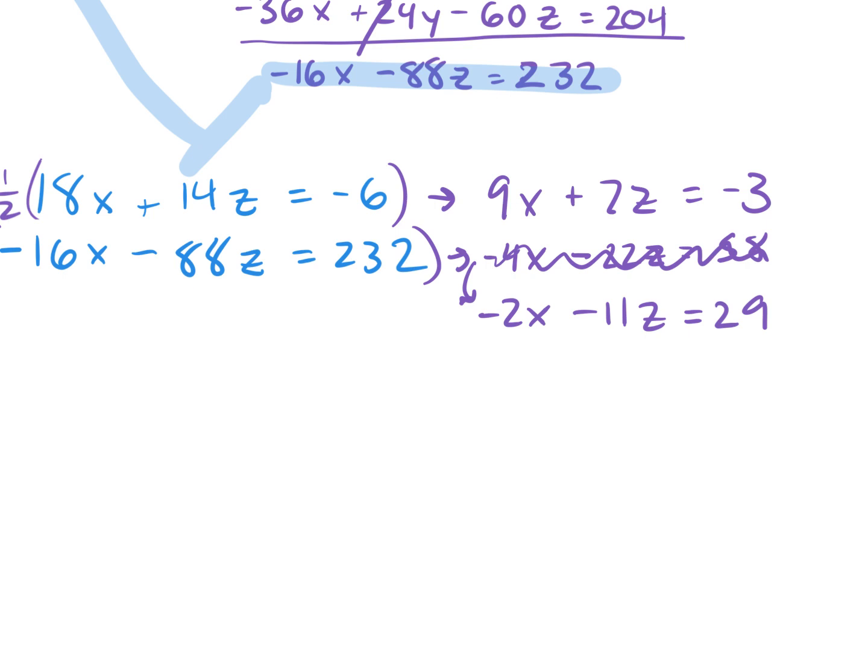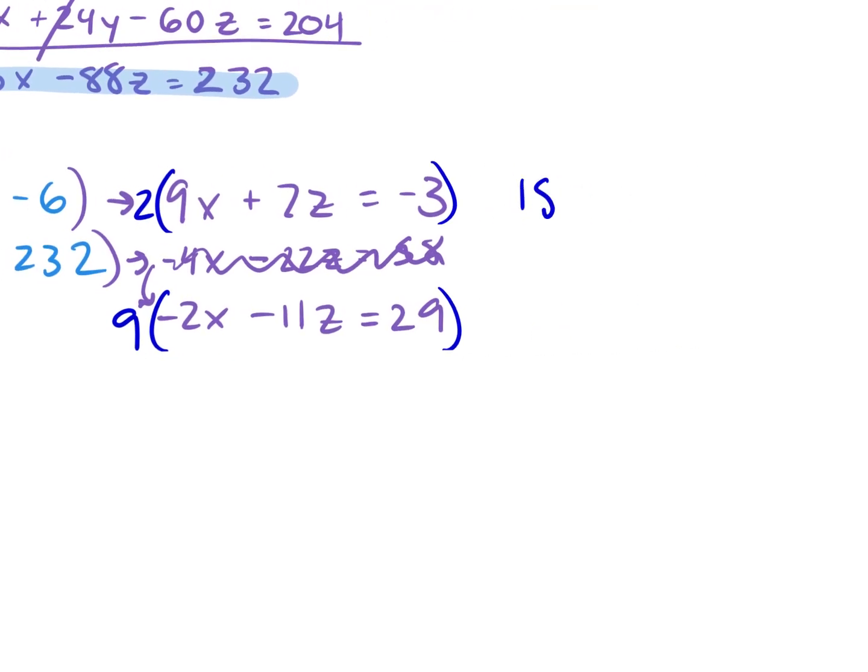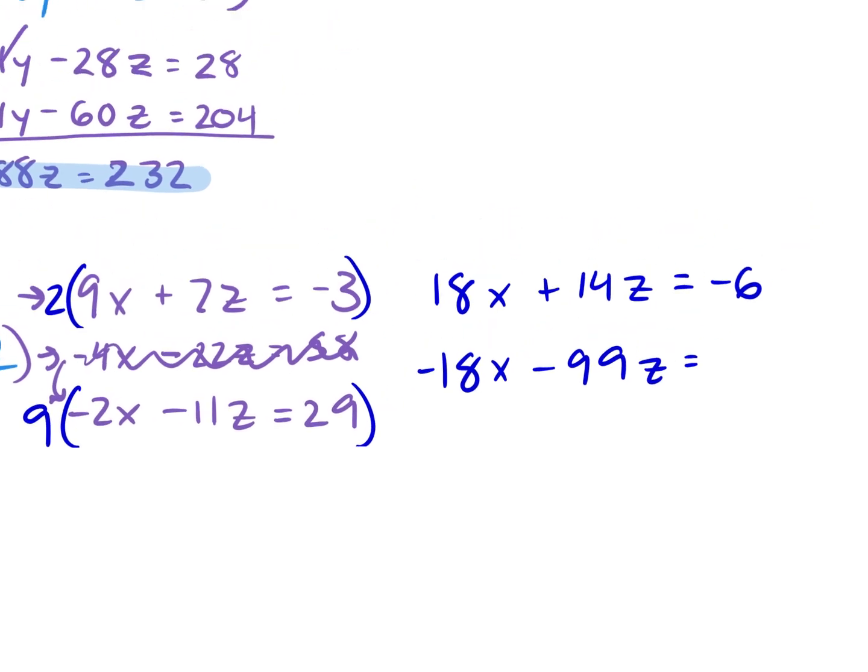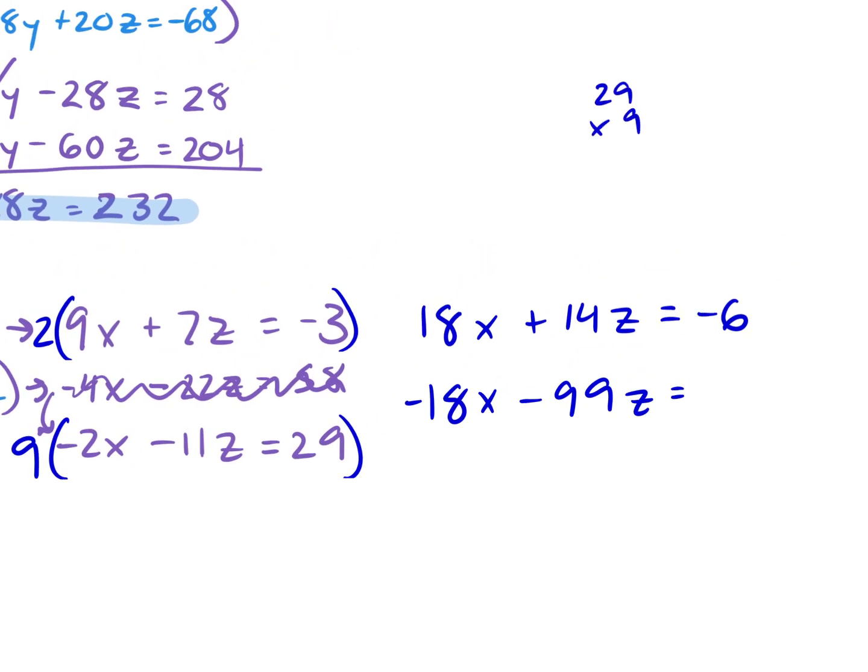Let's eliminate the x. What do I need to multiply in order to eliminate the x? The second one I need to multiply by 9, and what else? The top one by 2. So we have 18x plus 14z is equal to negative 6, and negative 18x minus 99z is equal to 29 times 9, which is 261.